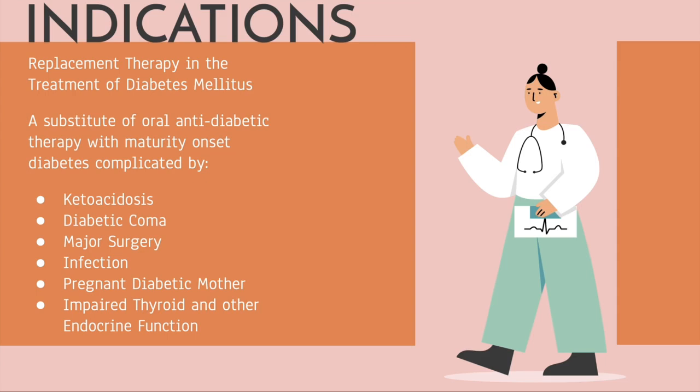For diabetic coma, this is when glucose levels surge very high, typically above 600 milligrams per deciliter. So it is also indicated for major surgery, for infection, for a pregnant diabetic mother, and for those who have impairments in their thyroid and other endocrine glands.